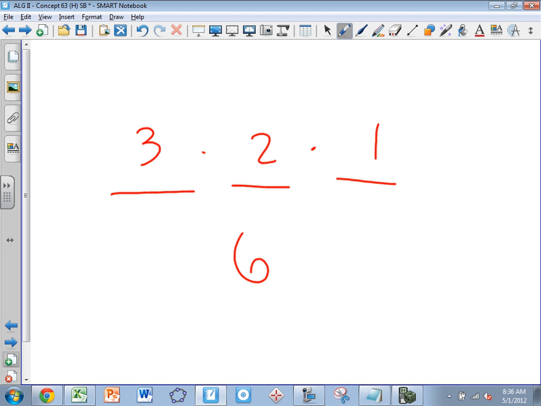Number 2. A 2-sided coin is flipped 8 times in a row. So I keep taking a coin and I keep flipping it. How many different outcomes are possible if the order of the results is important? Is it permutation or combination? It says the order is important, not unimportant.